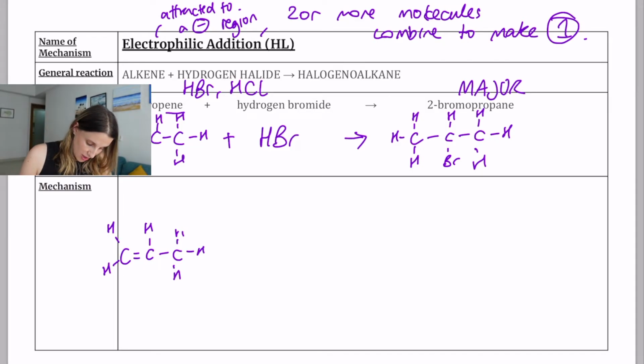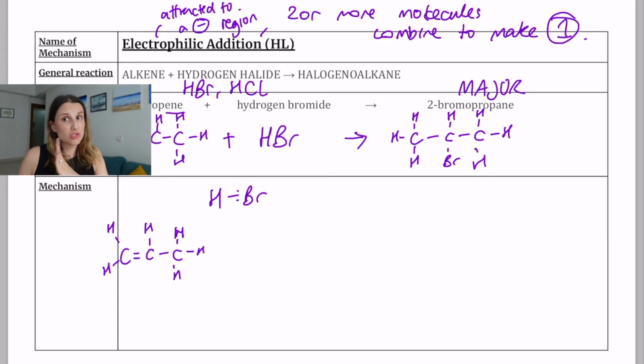They're going to react with the HBr. Now the reason that that's attracted to the region of negativity is because bromine is way more electronegative than hydrogen is. So the electrons in this shared bond are way more towards the bromine side than the hydrogen. So this end is delta negative, this side is delta positive, which makes a really big difference here.